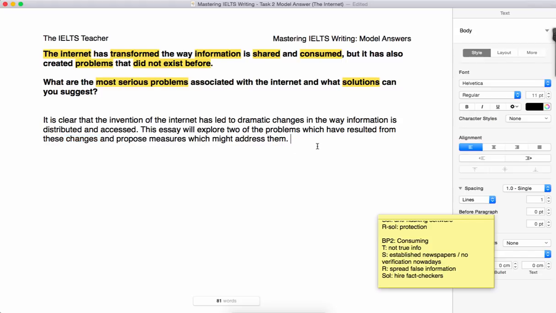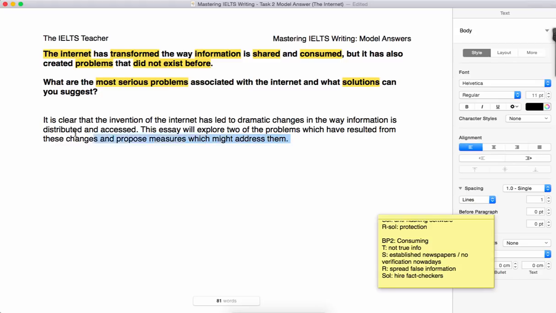So don't rely on memorized expressions, but do try to absorb them and then use them to fit your needs. Try to modify them in a way which fits the task and moves your essay forward.